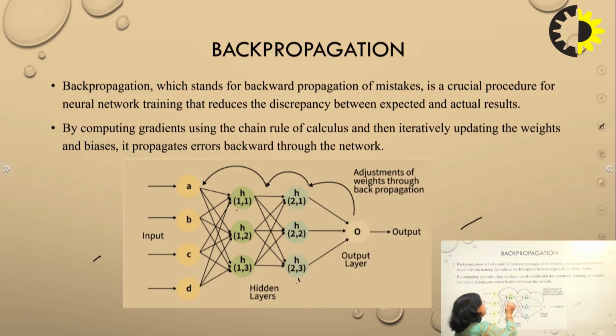We first find out the sum of the inputs and bias, then we apply the activation function, so that the output can be transferred in the form of some probabilities. So this is the example of adjustment of the weights through backpropagation.